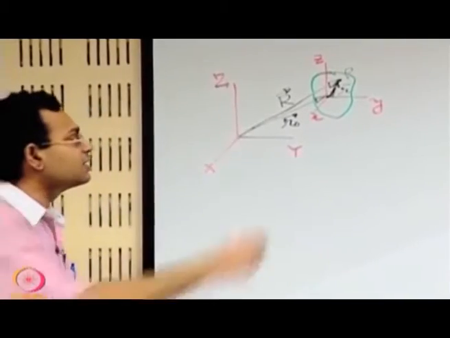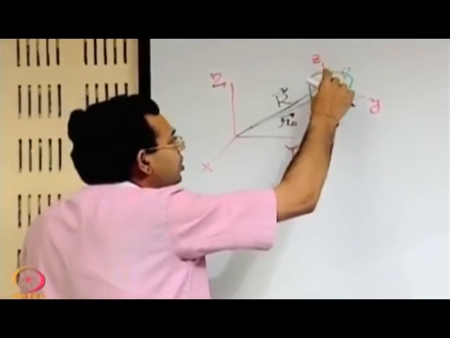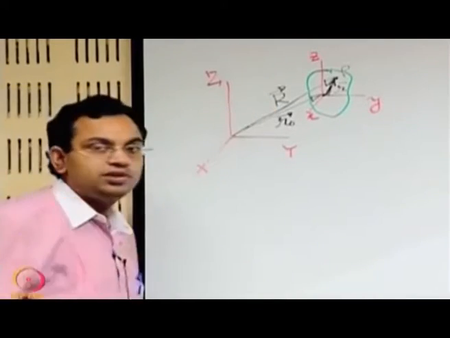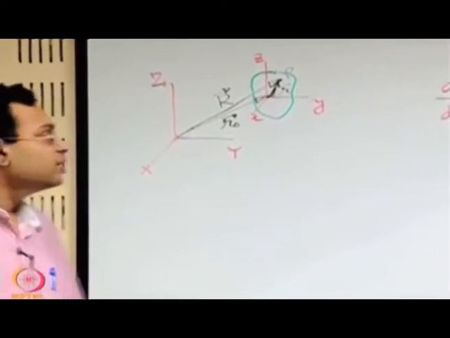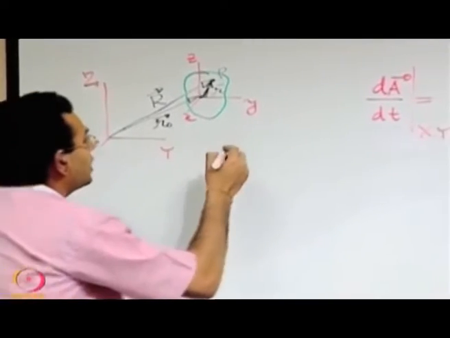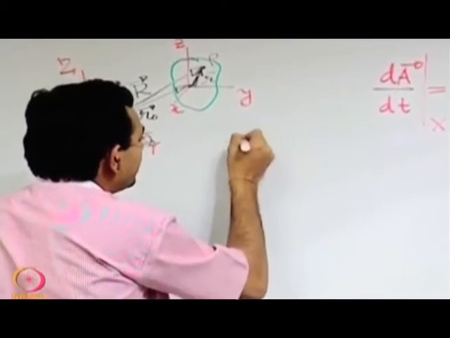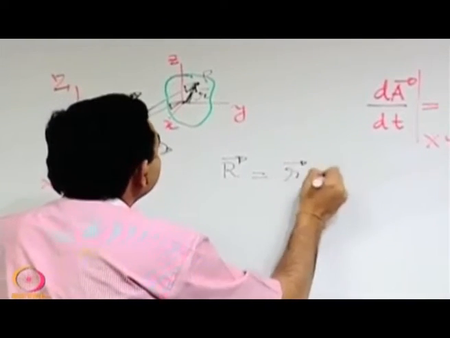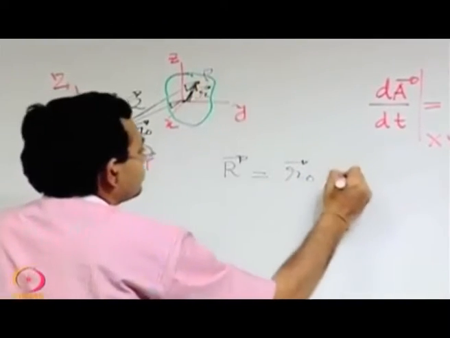So, capital R is the position vector of the same point P relative to capital XYZ origin and small r is with respect to small xyz origin. So, directly from vector addition we can write capital R is equal to R naught plus small r.